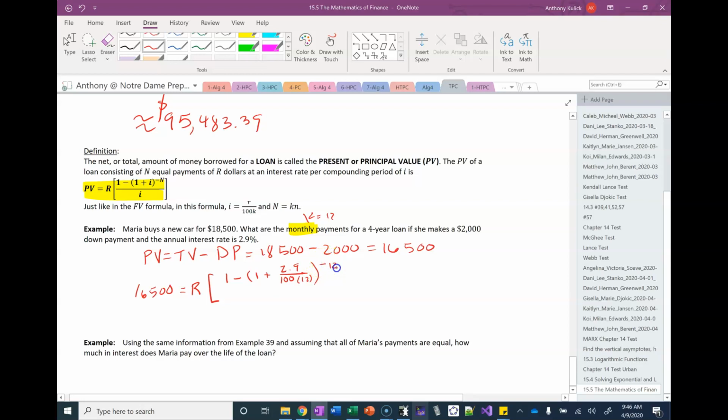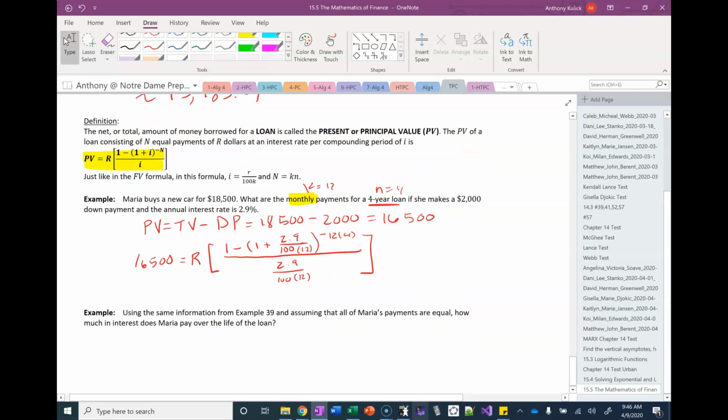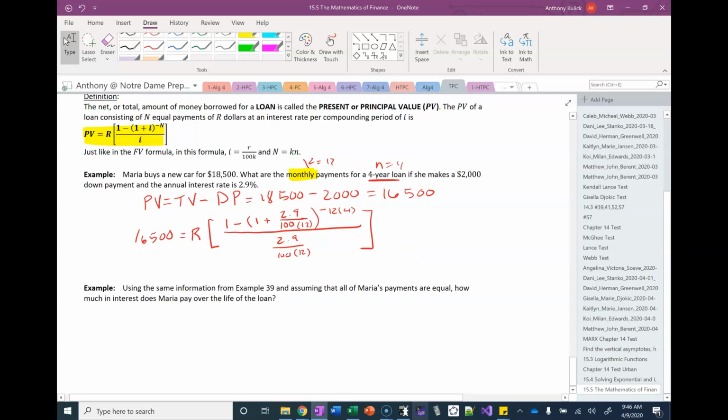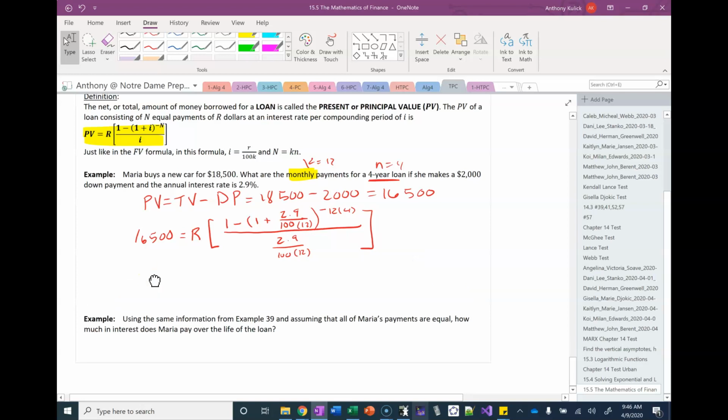So negative 12 times N, and then N is 4. Okay, so to get R by itself then, we'll divide both sides by this fraction.